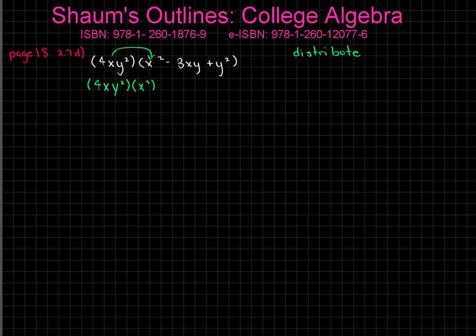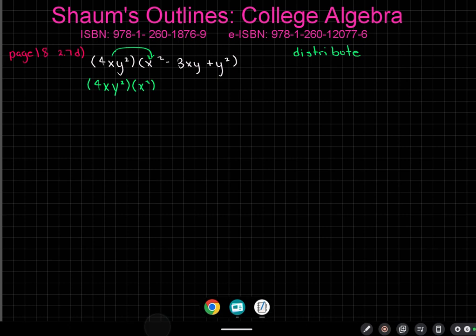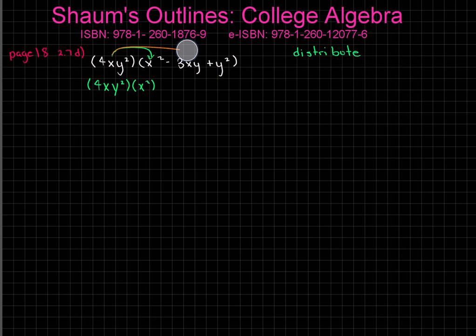And then I'll get 4xy squared times negative 3xy. I want to take the whole thing, even the sign matters.